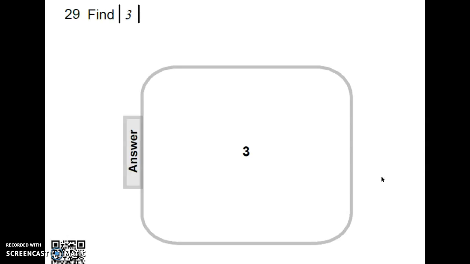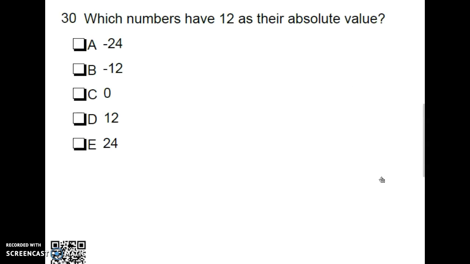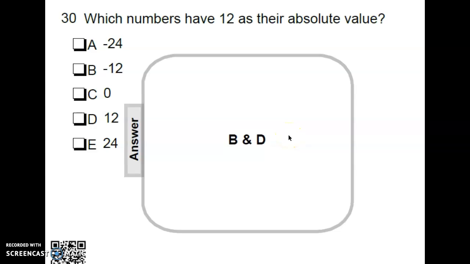The absolute value of 3 is 3. Which numbers have 12 as their absolute value? That would be negative 12, B, and D, 12. Both of them, if you take the absolute value, will give you 12. B and D.